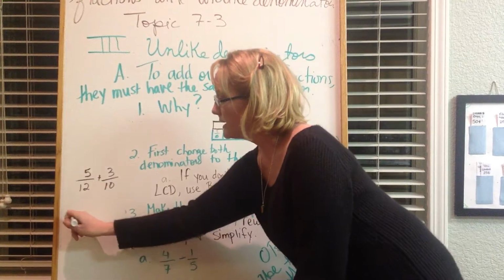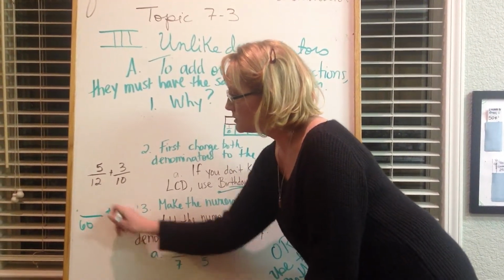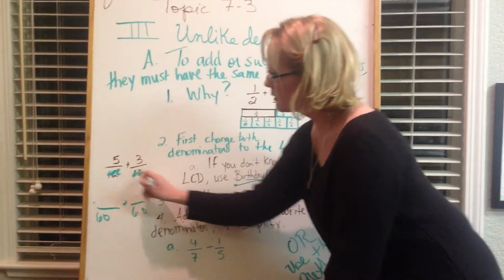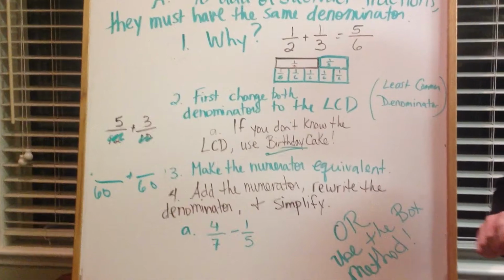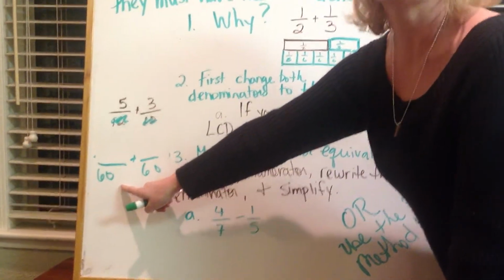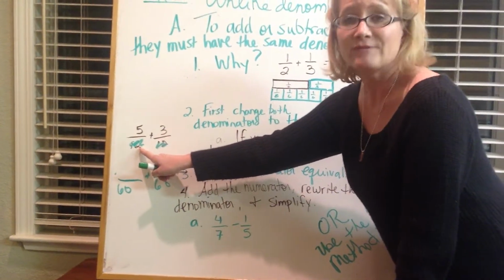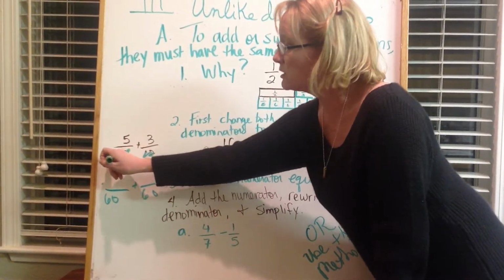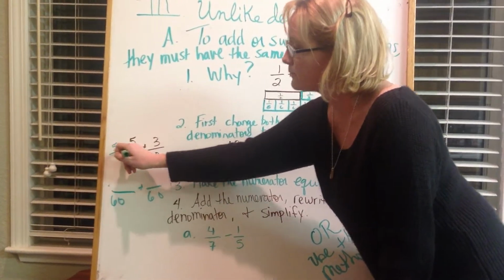So once I've made it so that they have a new denominator, 60 and 60, this old denominator is gone. But I'm not allowed to just change part of a fraction because I feel like it. I have to use the laws of equality, and since I changed the 12 to a 60, I need to change the numerator also. I have to be fair. I multiplied the 12 by 5 to make it a 60, and so since I multiplied the bottom by 5, I also have to multiply the top by 5.